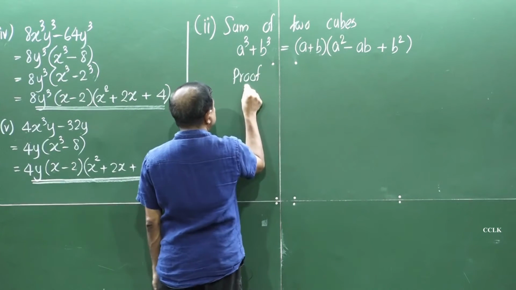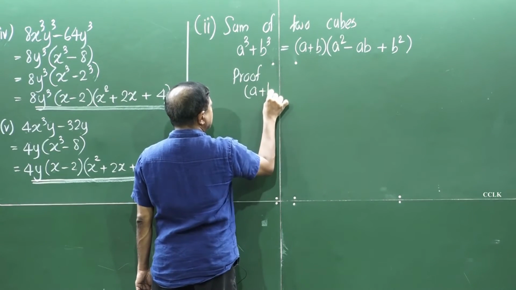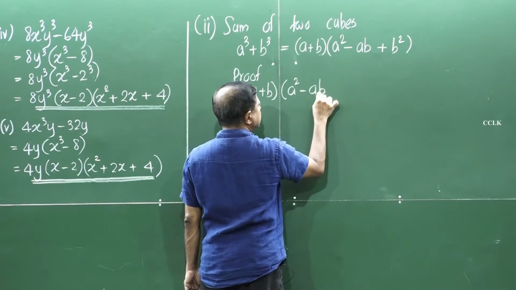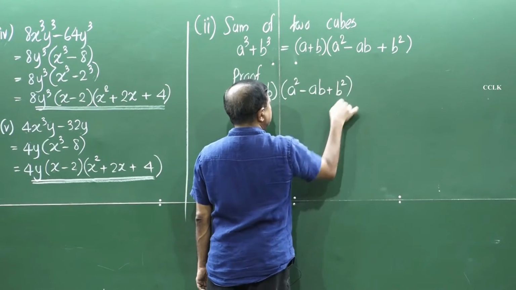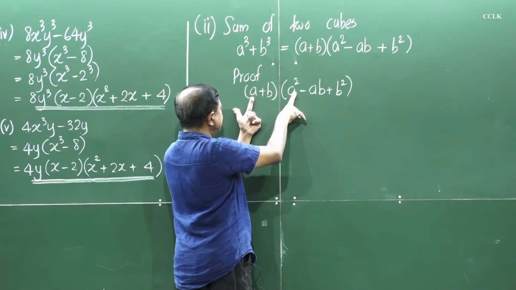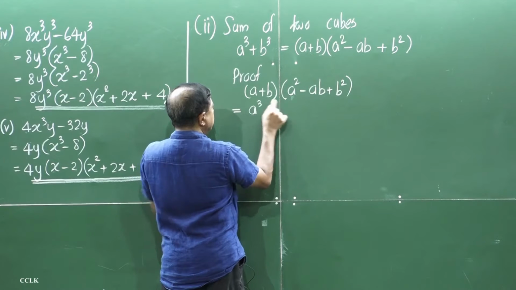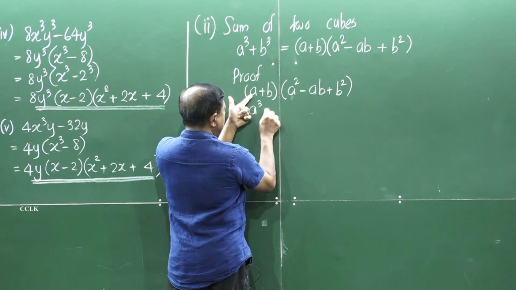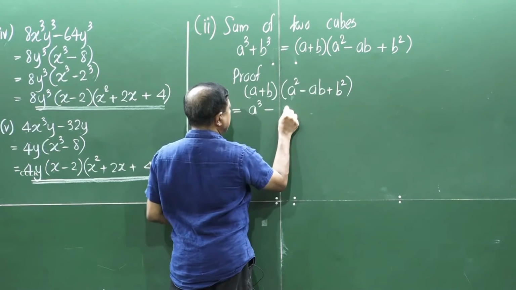You consider that part, a plus b times a squared minus ab plus b squared. Multiply them out. So a times a squared, a cube, a times ab, it's minus a squared b.